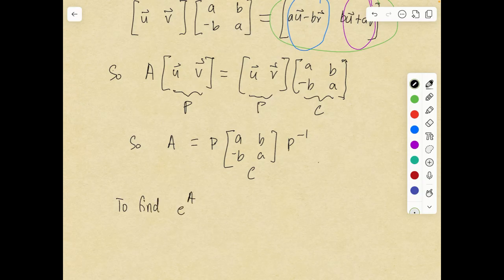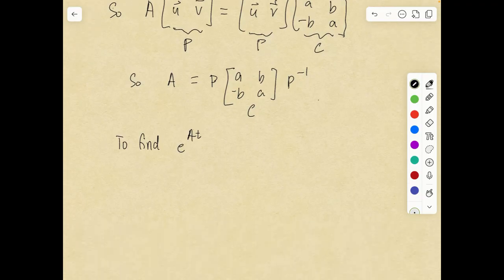Okay, that's a pretty long video, I think, so I'm going to stop here, but in the next video I'm going to explain. So let's review where we are. We wrote down A equals P C P inverse. So to find e to the At, and why do we want to find e to the At? Because it solves the matrix differential equation x prime equals Ax, right?